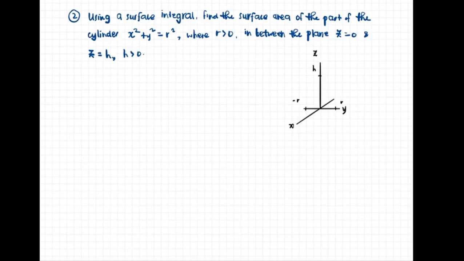And so constructing our circle, x squared plus y squared equals r squared on the xy plane. For example, you have here the following. And then extending that onto the direction of the positive z-axis, since we want here the cylinder in between z equals 0 and z equals h. What we have here would be the following.